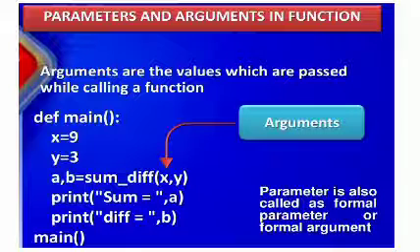It returns a as x plus y and b as x minus y, and prints the sum and difference. Here the parameter is called the formal argument, and the actual value passed when we call the function is called the actual argument.